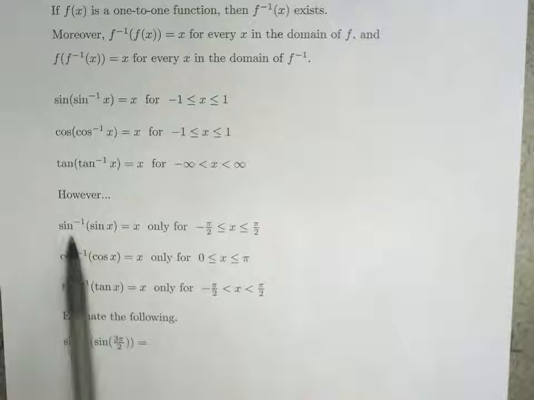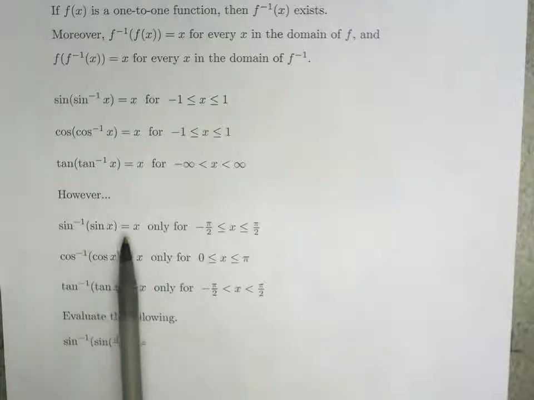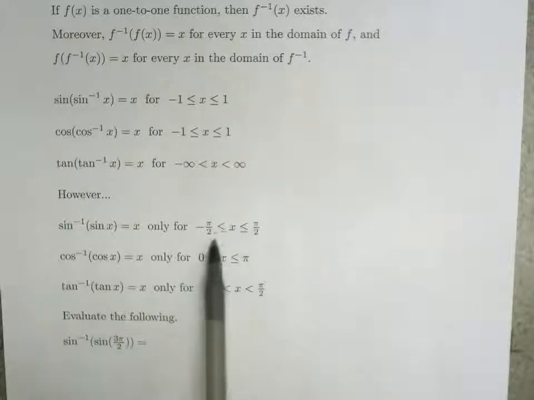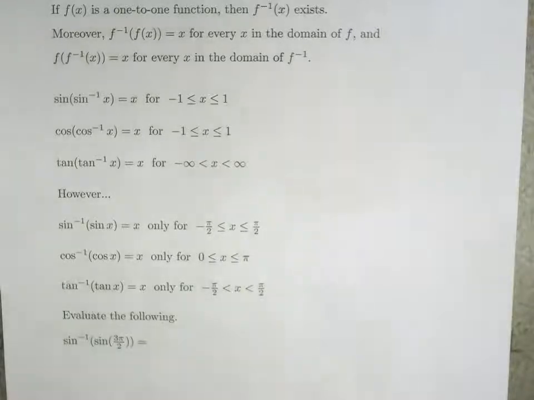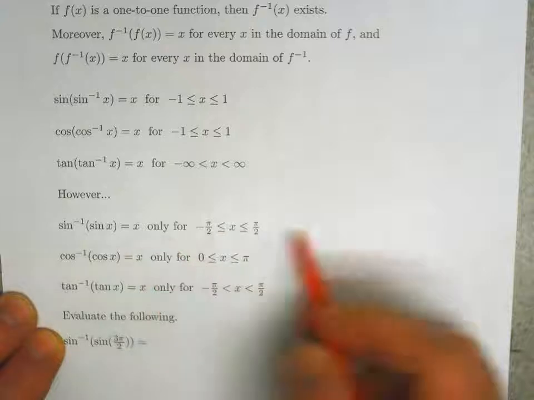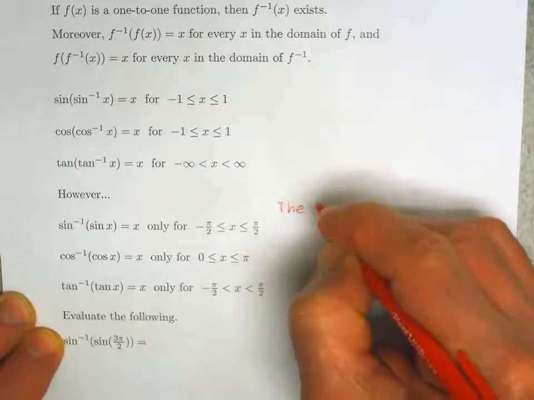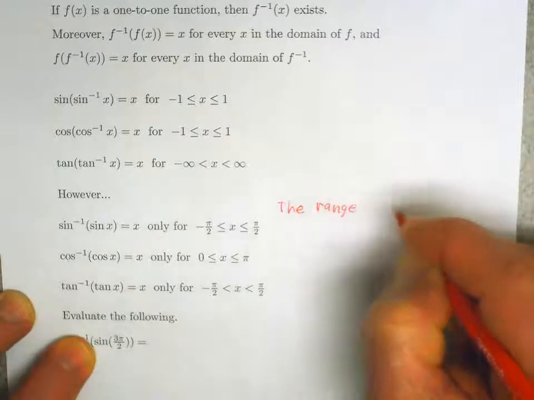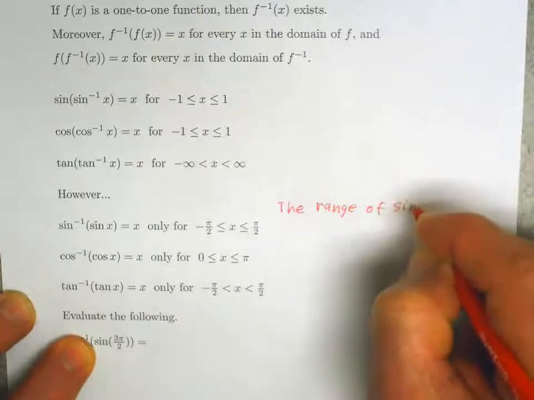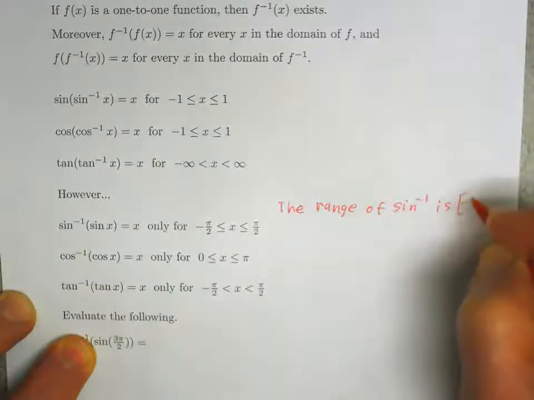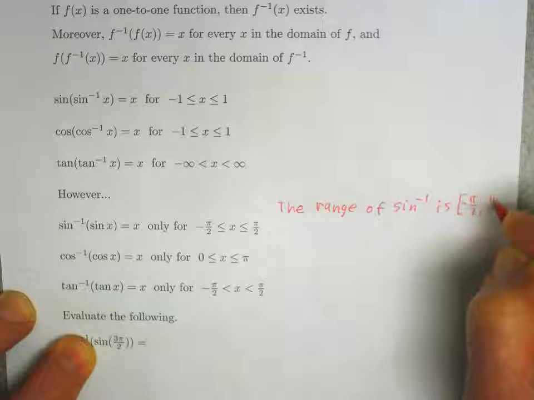The inverse sine of sine of x will equal x, but only if x is between -pi/2 and pi/2. And why is that? This is because the range of inverse sine is from -pi/2 to pi/2.